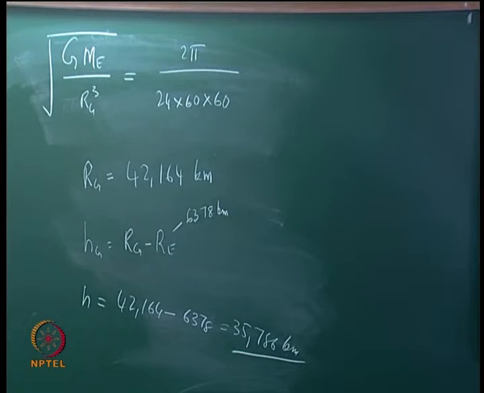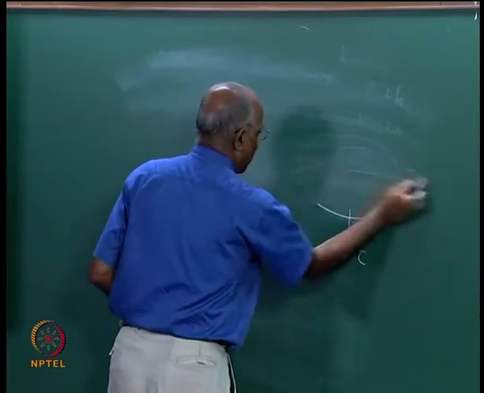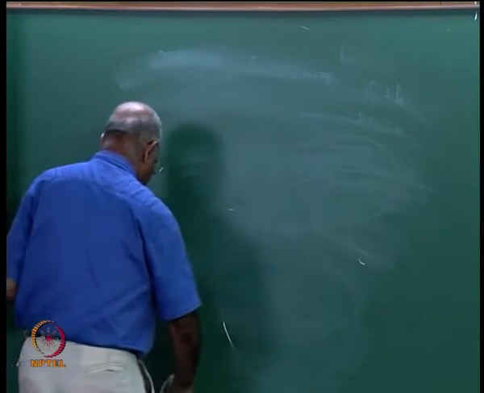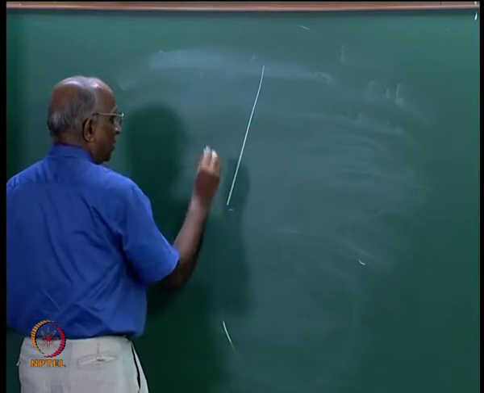What is it I am telling you? All what I am trying to say is, you have the earth, let us draw the earth and look at the rotation of the earth. You have the axis of the earth.